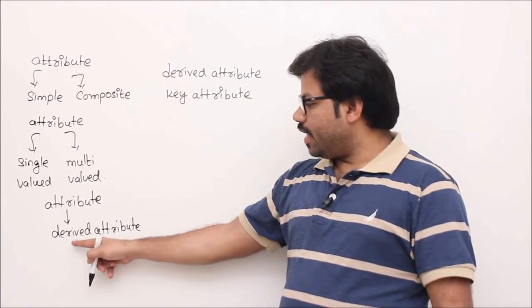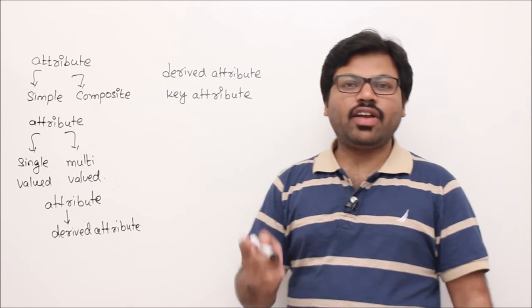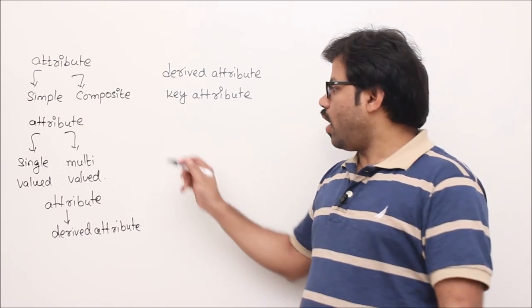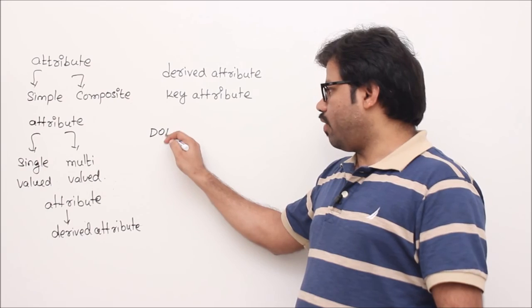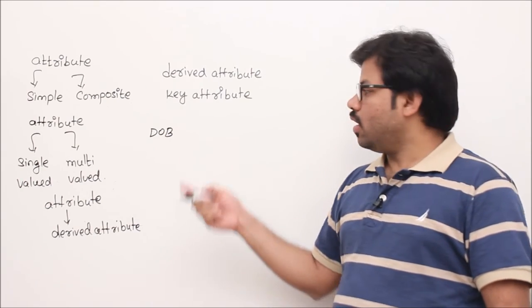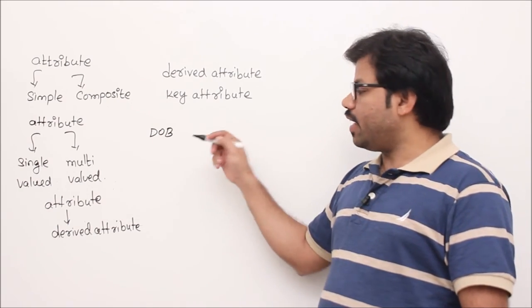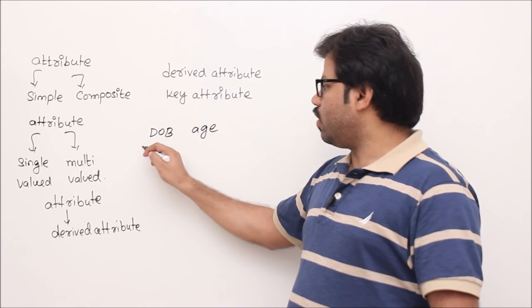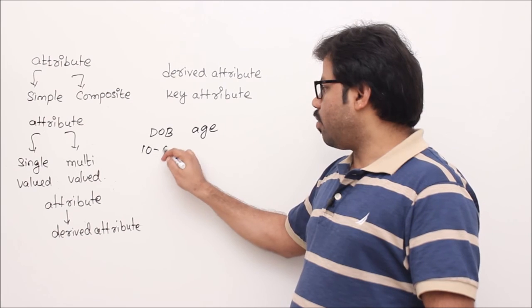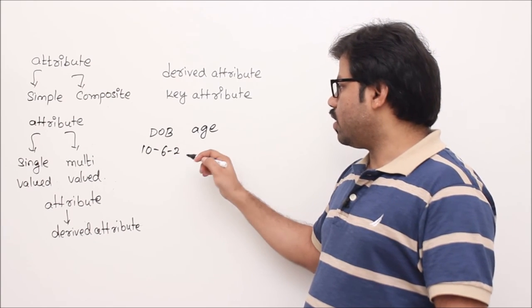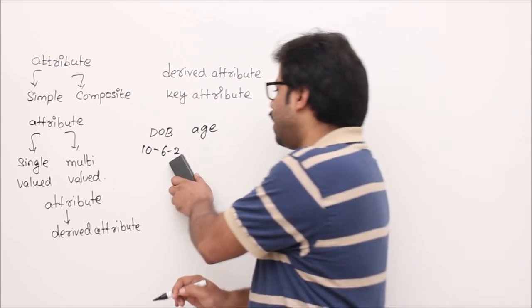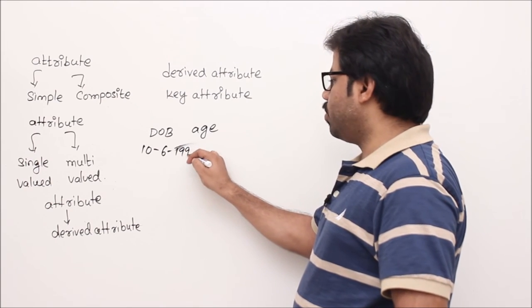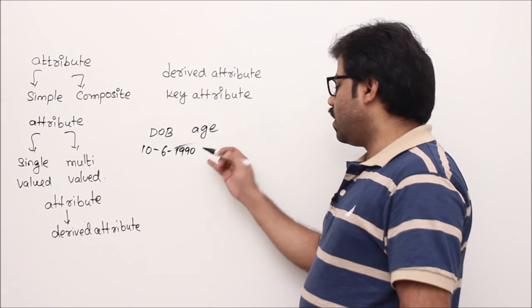Now we'll see derived attribute and key attribute. A derived attribute is very simple. Let's say you have the date of birth property of some employee. That means you know the date of birth of an employee. Then we can derive another attribute, that is age. Whenever you know the date of birth, like 10, 6, 2000 something, otherwise 1990, then we can calculate the age.